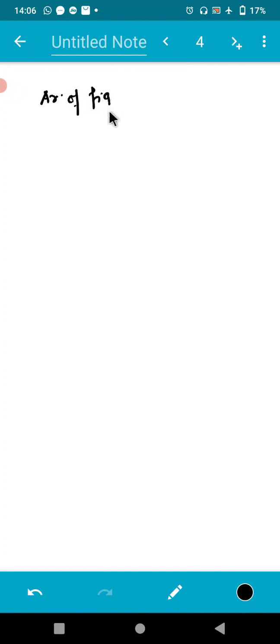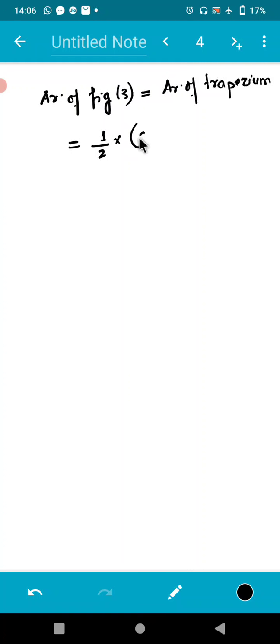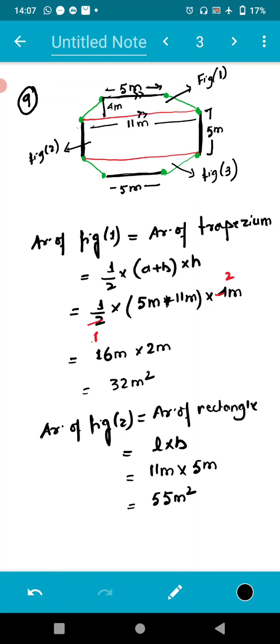So, area of figure 3 is equal to area of trapezium, and area of trapezium is what? Half into sum of parallel sides into height. So, which are the parallel sides? Let us go back to the figure. If this is 5, so this 5 is one parallel side, and if this is 11, this would also be 11, because in a rectangle the opposite sides are equal.